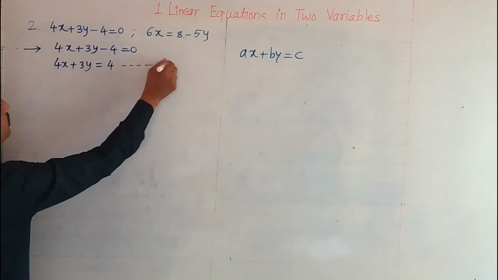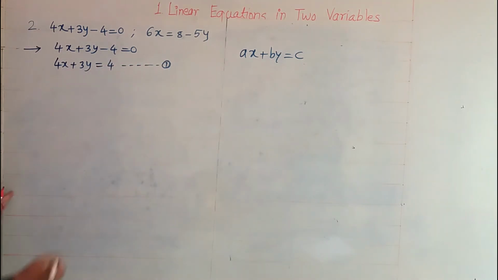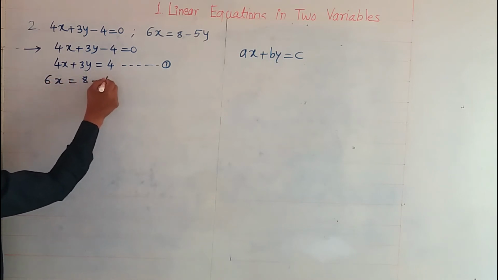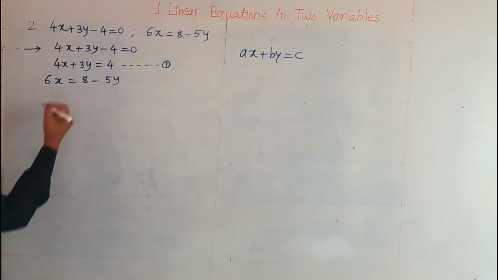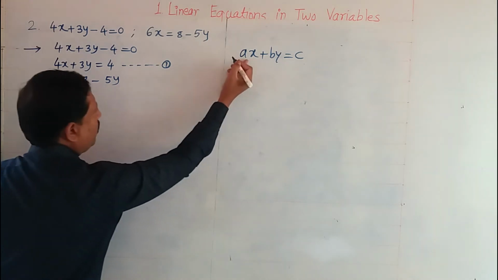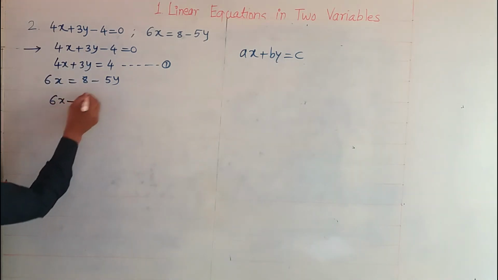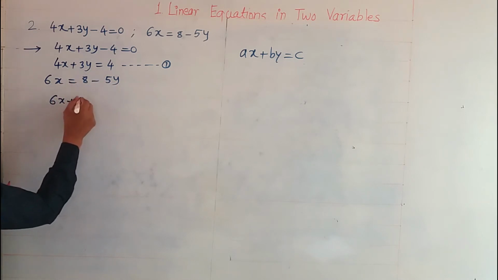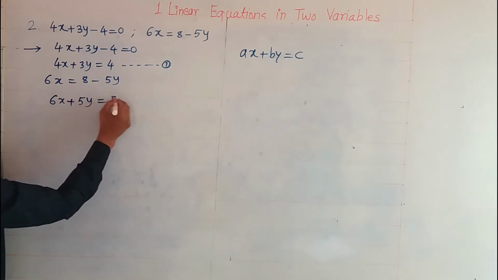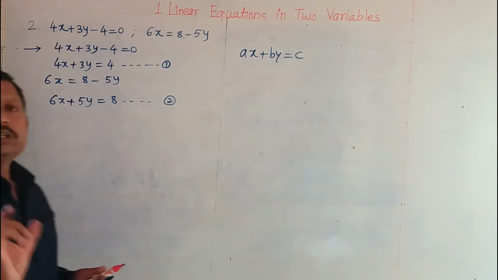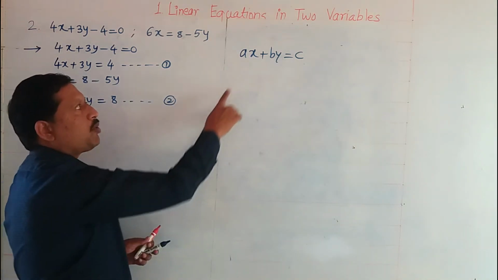Now name this equation as equation number 1. The second equation is 6x is equal to 8 minus 5y. This equation we can also convert in this format. So we get 6x, transpose the 5y to the other side, so we get plus 5y is equal to 8. Equation number 2.